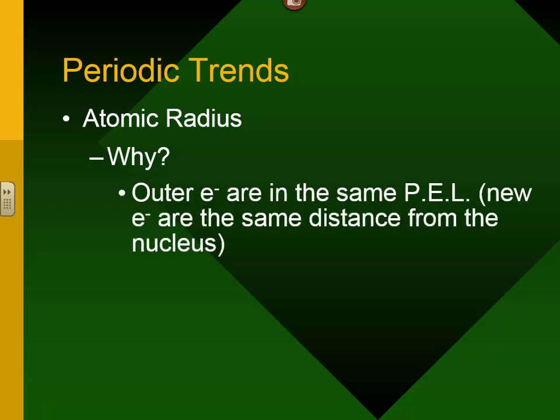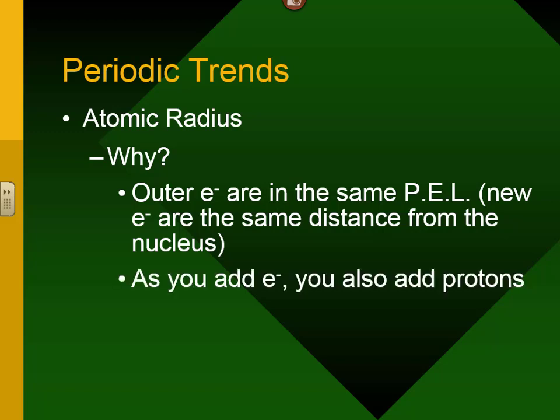Let's put that in words. The outer electrons are in the same principal energy level. That means every new electron that you add is the same distance from the nucleus as the one before it. Remember, we're talking about moving across the period from left to right. Every electron that you add is the same distance from the nucleus as the one before it.